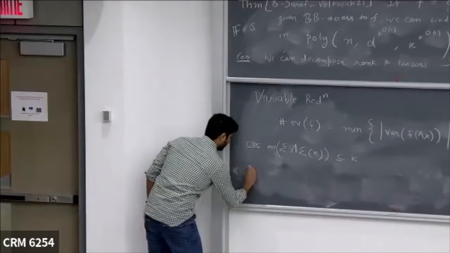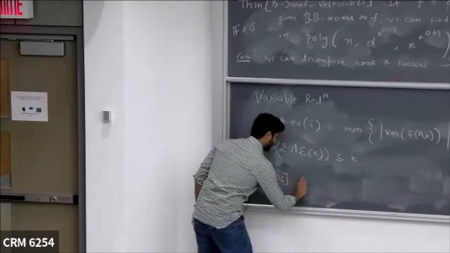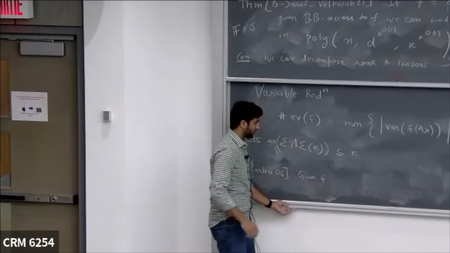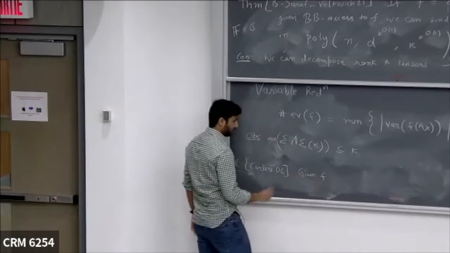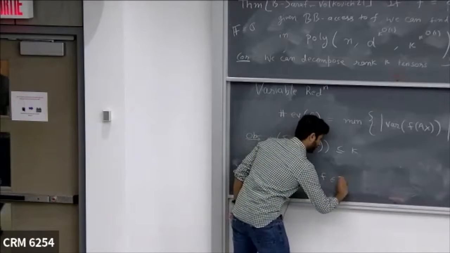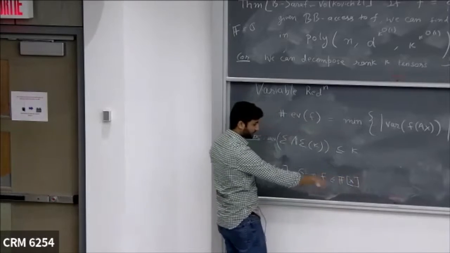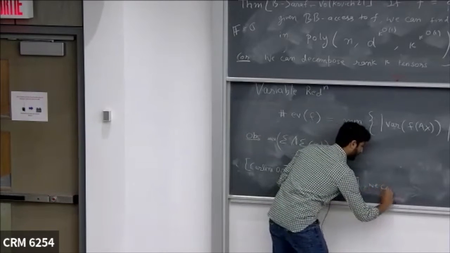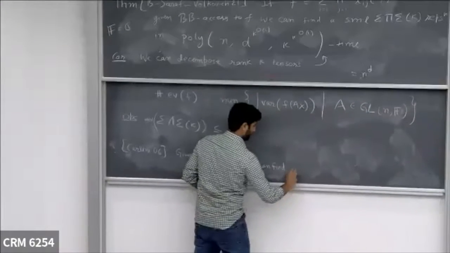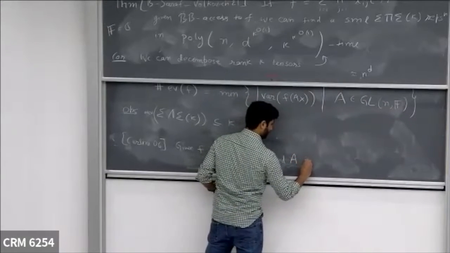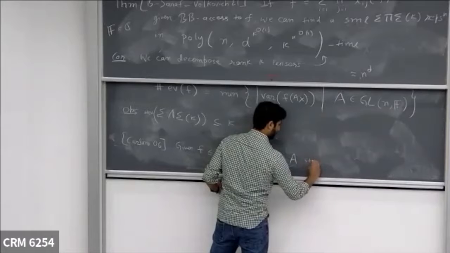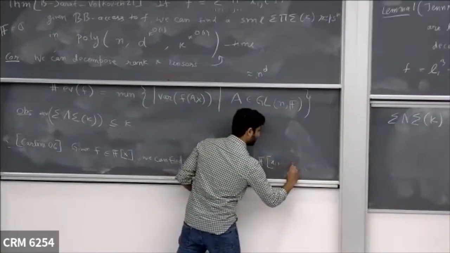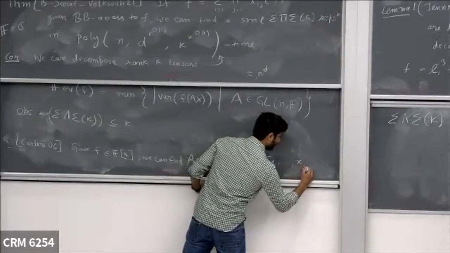Given f, and even black box works here, given f in X, where capital X is the set of variables x1 up to xn, we can find A, invertible, such that f(Ax) just depends on the first number-of-essential-variables variables.